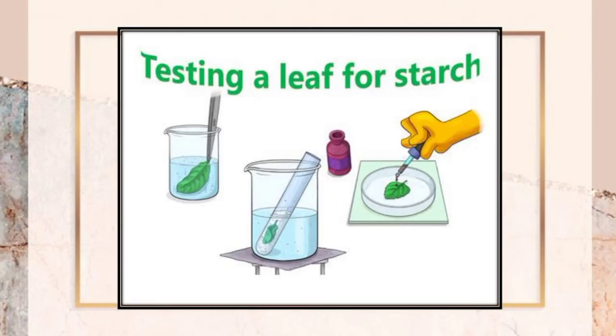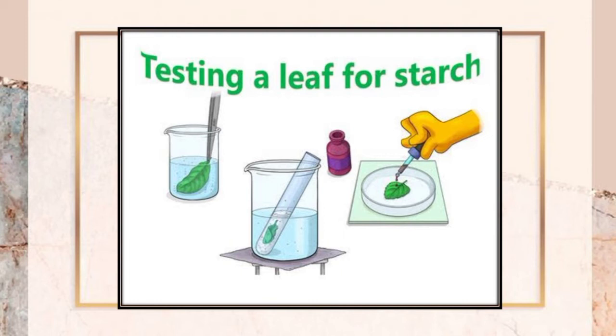Now the second experiment is testing a leaf for starch. Aim: to prove that light is needed by leaves for photosynthesis. Things needed are a potted plant, beaker, water, spirit, iodine solution and dropper.